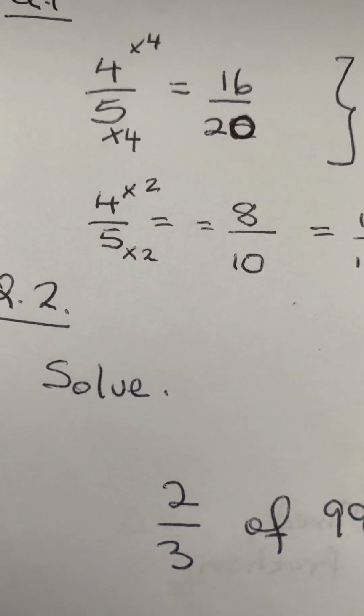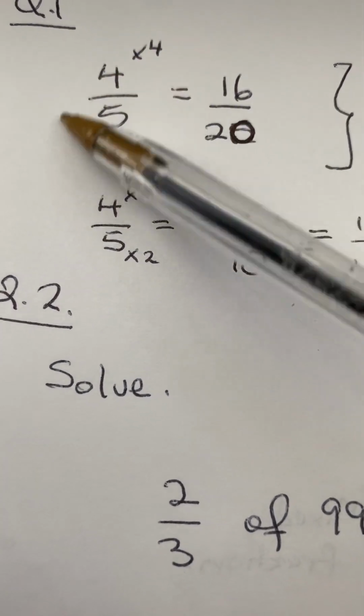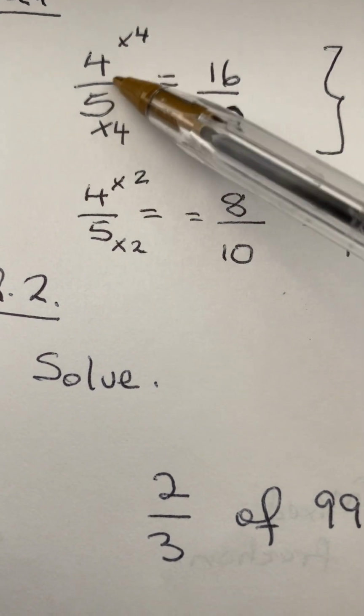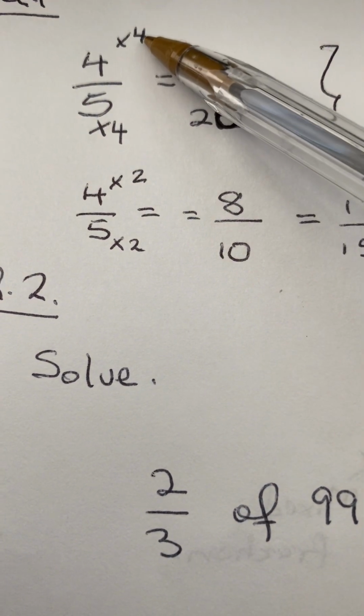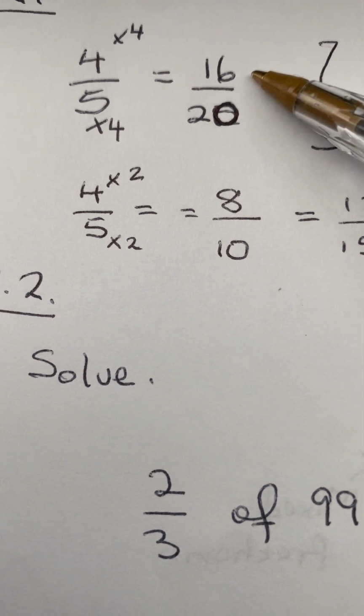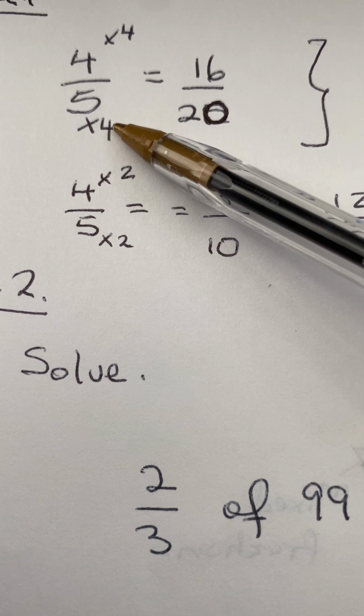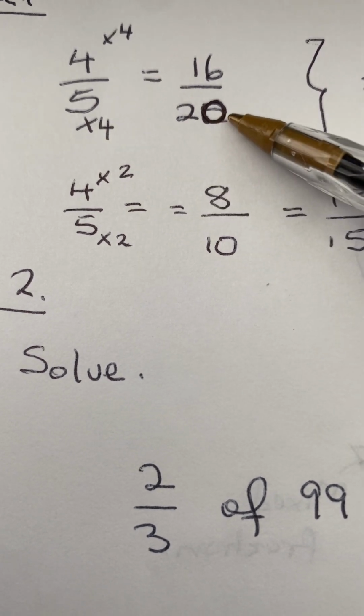So let's look at this fraction 4/5. This is in the lowest form. If I multiply the numerator by 4, I have 16. If I multiply the denominator by 4, I have 20.